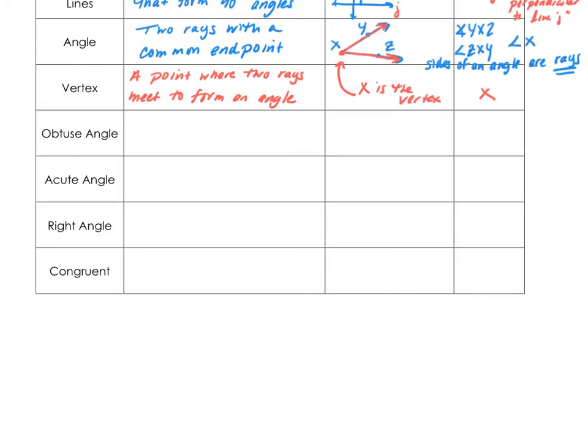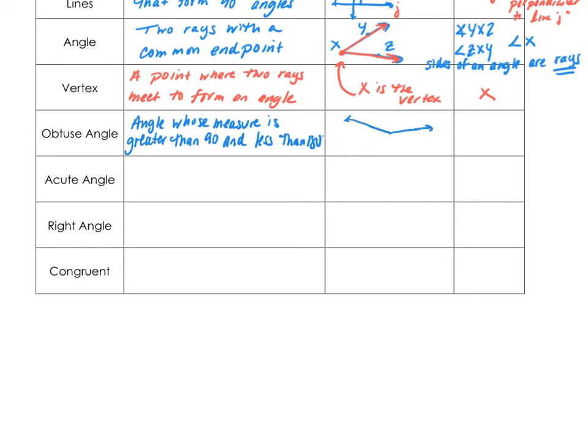Continuing our discussion of angles, we have obtuse angle, acute angle, and right angle. And those names all have to do with the measures of the angles. The first definition, obtuse: an angle whose measure is greater than 90 and less than 180.